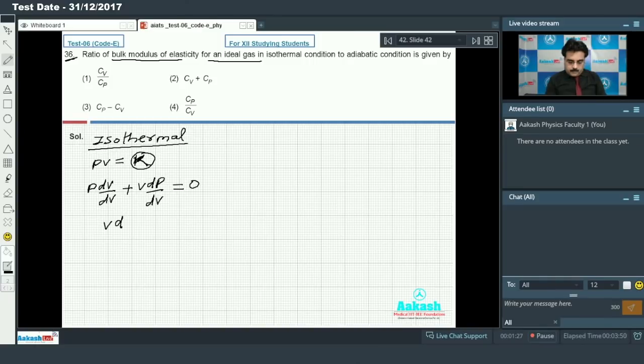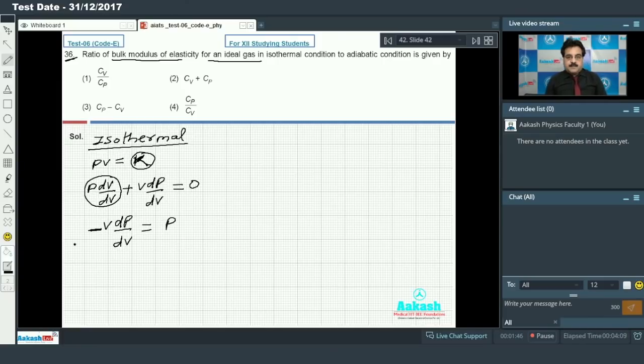V dP over dV is equal to only P with a negative sign, because when we solve this, dV over dV is equal to 1, P goes to the right side and becomes negative, and I have written that negative sign here.